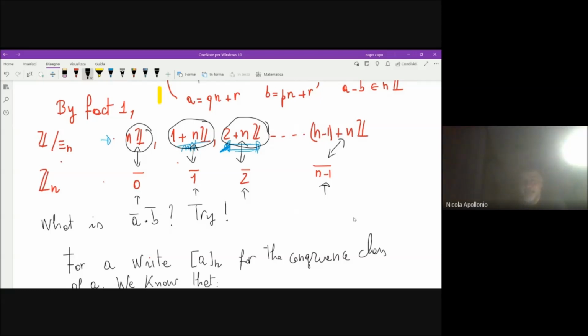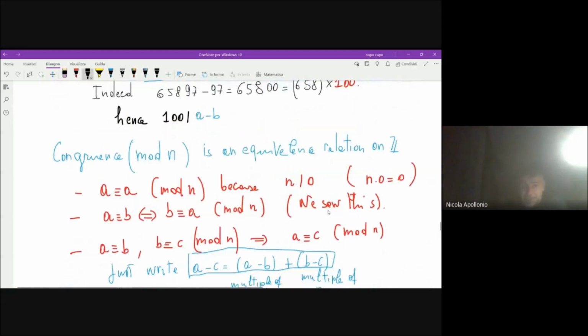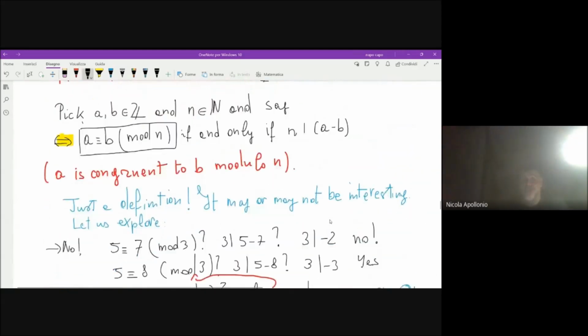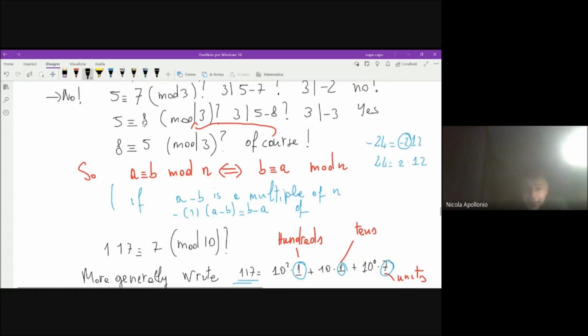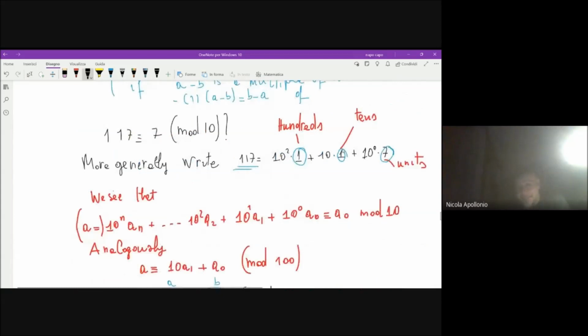Good. So let us summarize. We introduced this relation. We did some experiments about this relation. We got familiar with this symbol. We know in special cases what it means. For instance, we know what the congruence modulo 10 is.